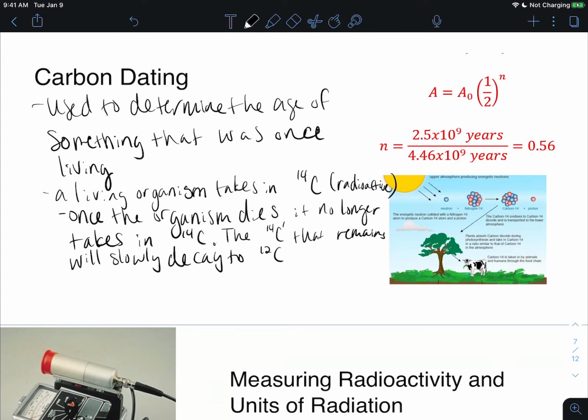Okay? And you can look at the ratio of carbon-12 to carbon-14 to determine the age of a substance.